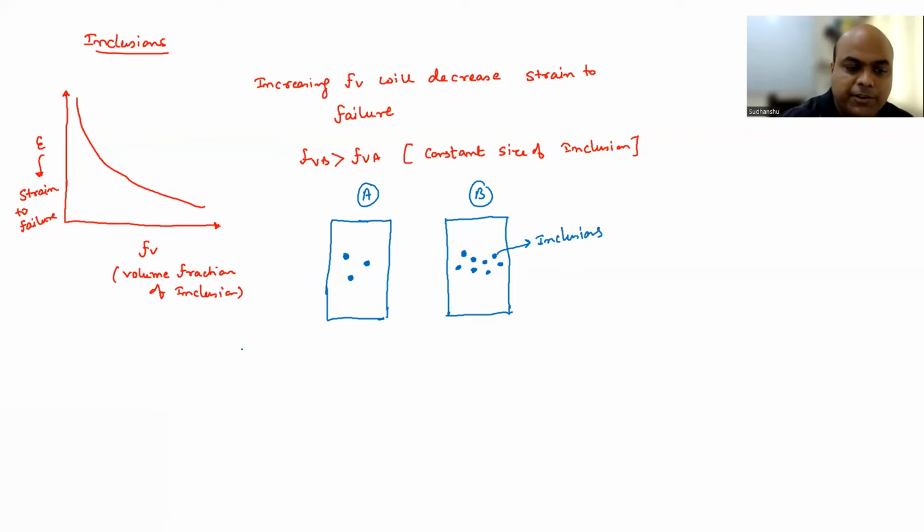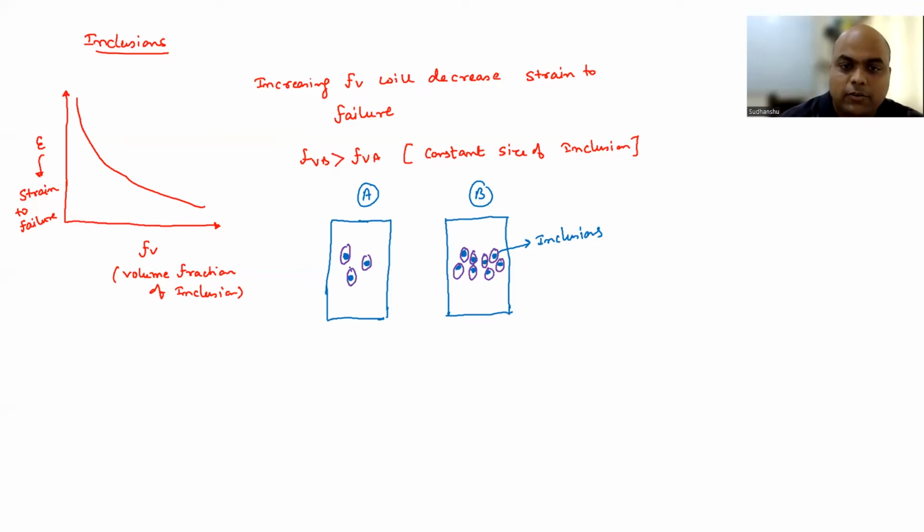Now, when you do tensile loading, what is going to happen? The first step, as we have discussed, is that voids are going to nucleate, right? So voids nucleate, and then they are going to grow. Suppose something like this. Remember, these are schematics for understanding.